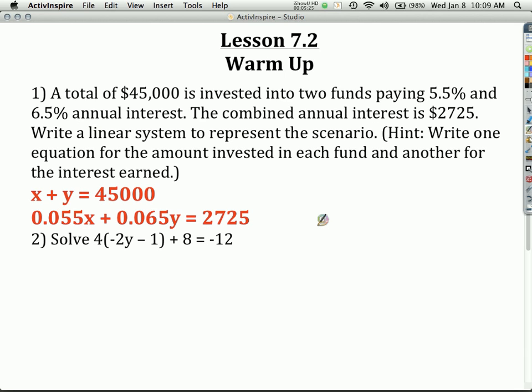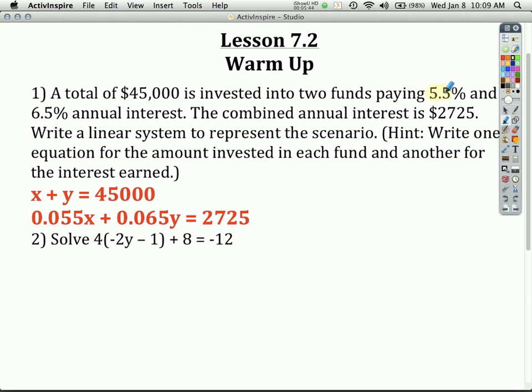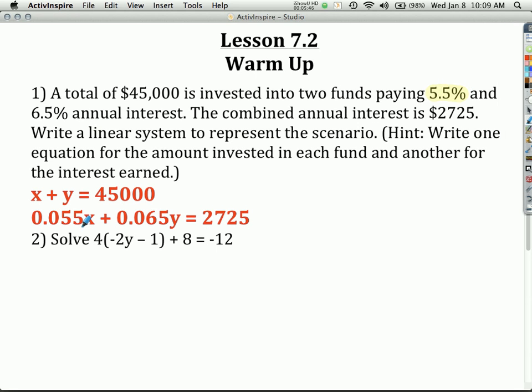So the second equation is 0.055x plus 0.065y equals 2,725. So let me give you the explanation I gave to a couple of your classmates who asked, how do you know when to write 5.5 and how do you know when to write it as a decimal?